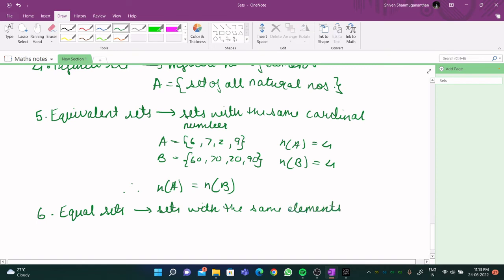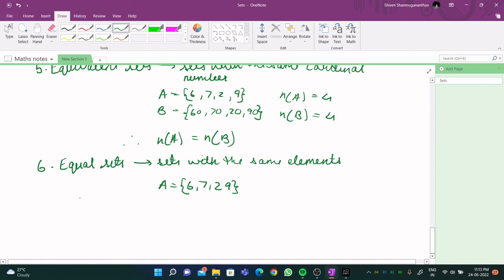Let's have A and B. We have 6, 7, 2, 9, and let B this time have the elements 2, 9, 7, 6. Let me draw this bracket properly. So we have these two sets.